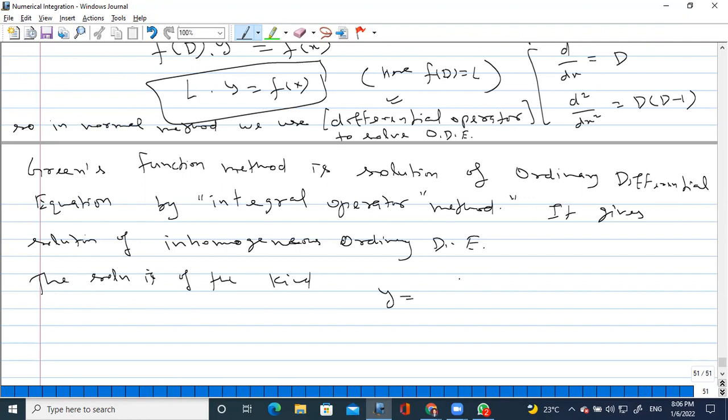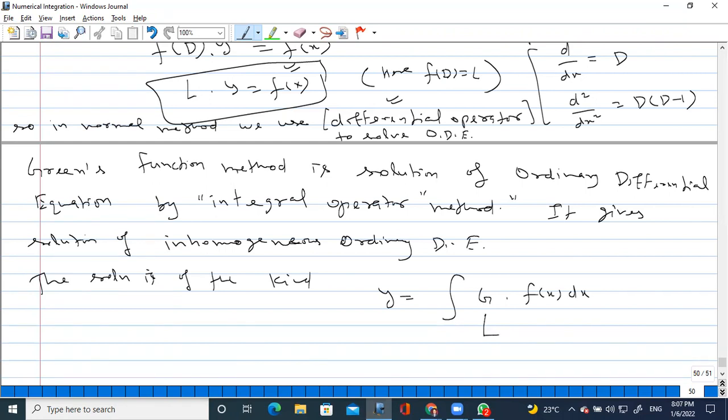y equal to integral g into f(x) dx. So f(x) is your right hand side. Okay, you integrate that f(x) by taking some operator. That operator we have to choose. So that is the main thing. You can integrate f(x), that is not an issue, but choosing that operator is the main important part here.